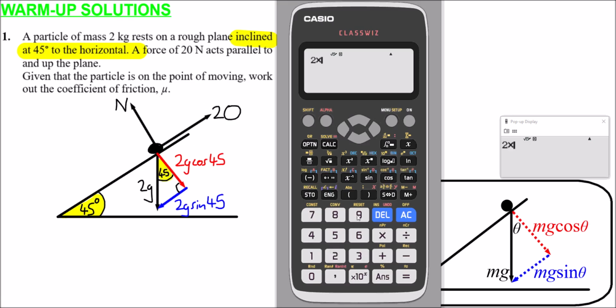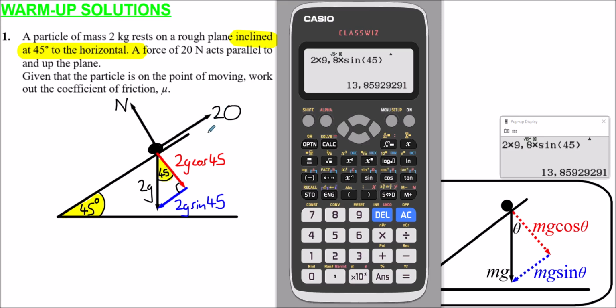Well, 2g means 2 multiplied by 9.8, and multiply by sine 45. Now that's about 13.86. Okay, so that's 13.86 going down the slope. So this is less than the 20 Newton force.